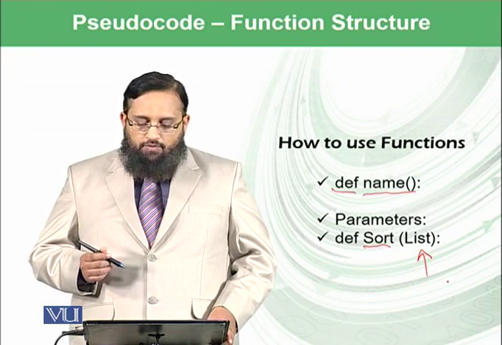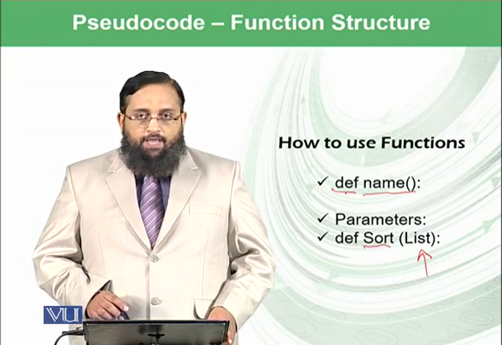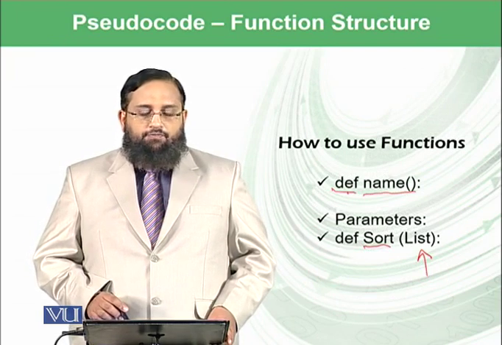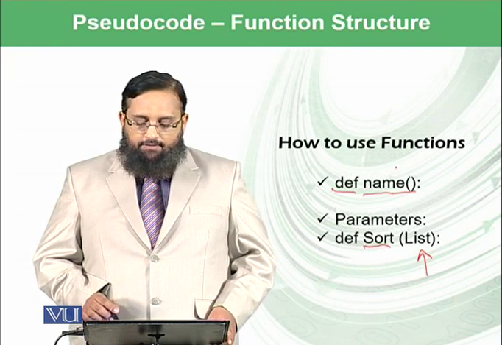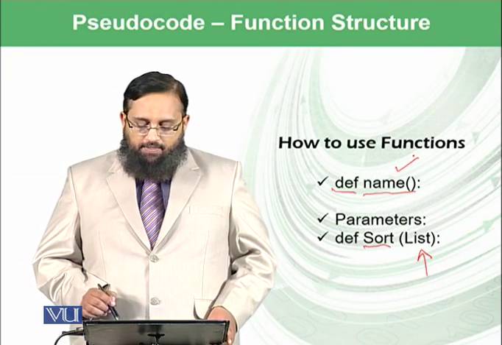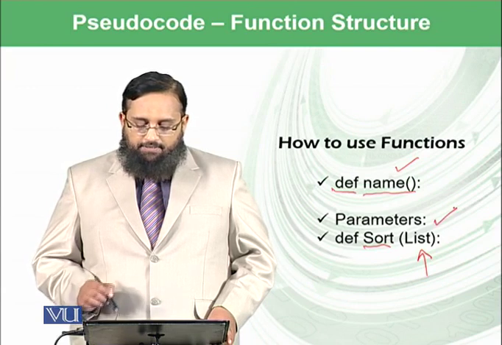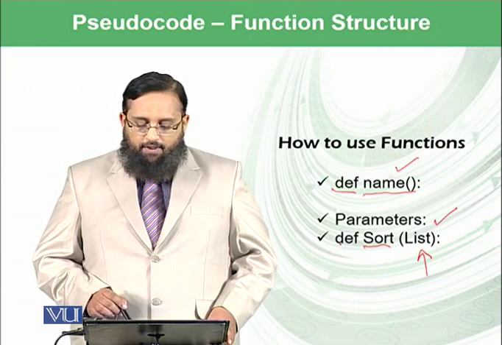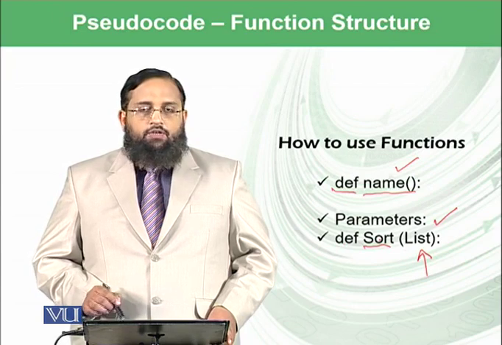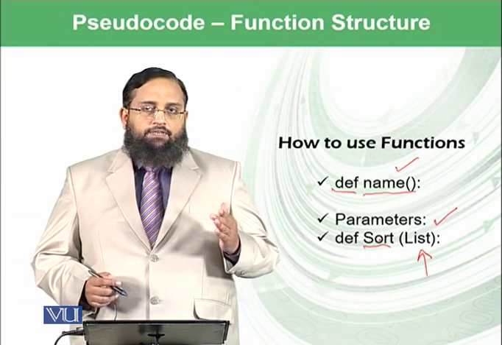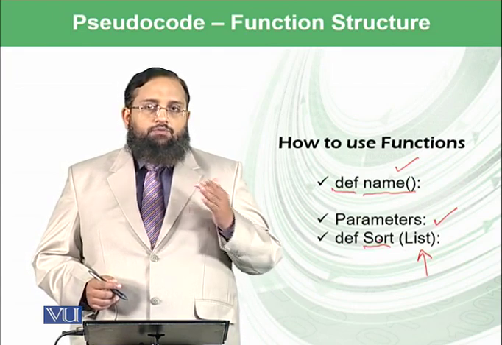So how to use the function? We have def, the definition word, and then we write the name of the function. And then, for example, we can also pass a list of parameters. For example, we can define def sort. So def sort is the function which we have defined with the name sort.